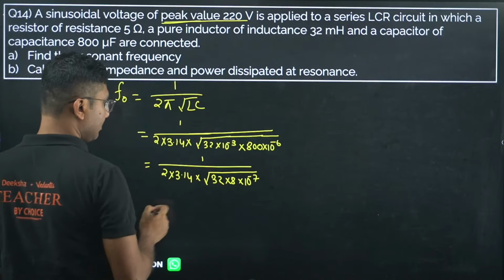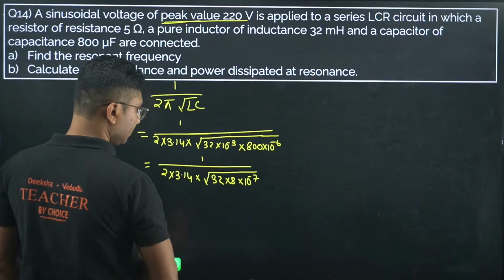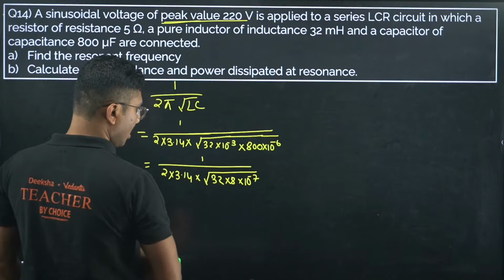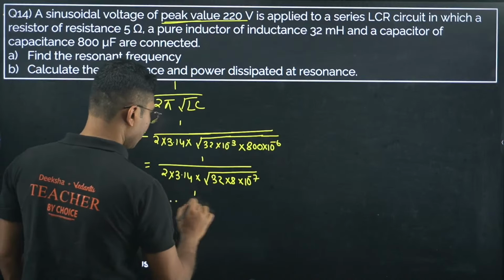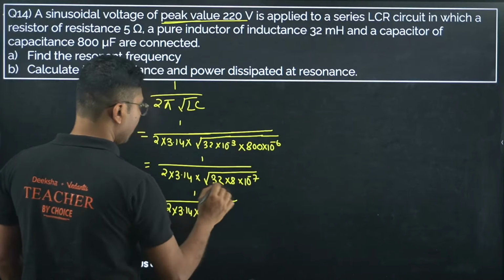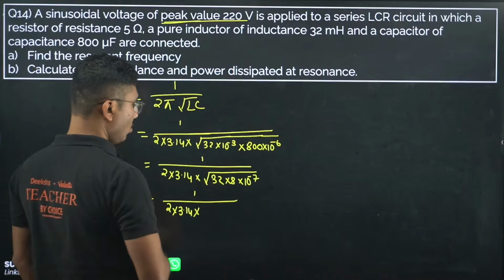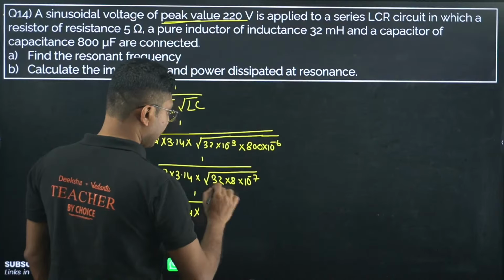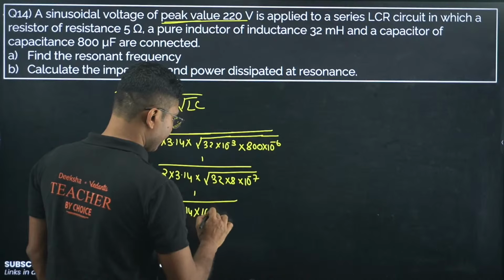Again a similar problem, slightly tricky but not super. We will solve it. 2 into 3.14 into square root of 32 into 8. 32 into 8 is 256, so square root of that will be 16.